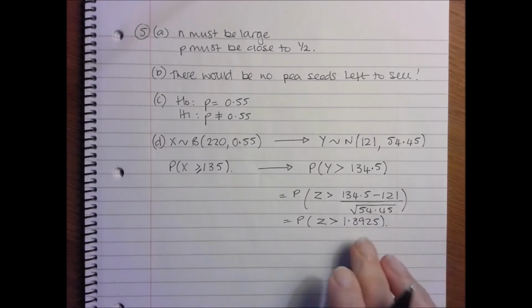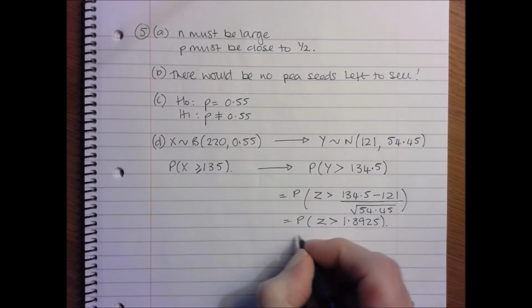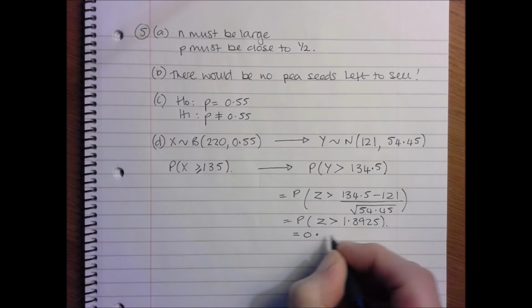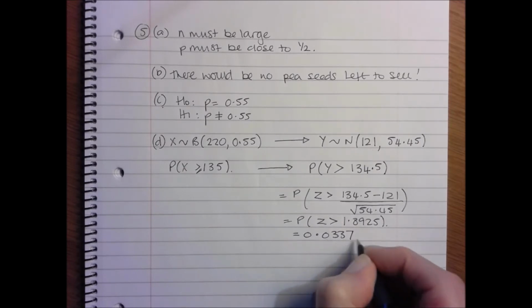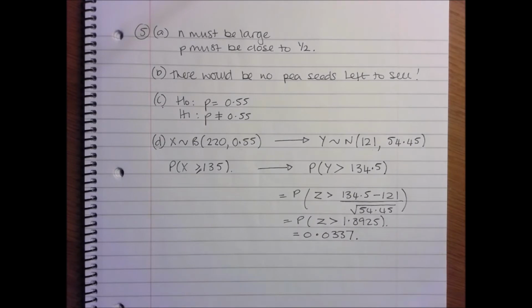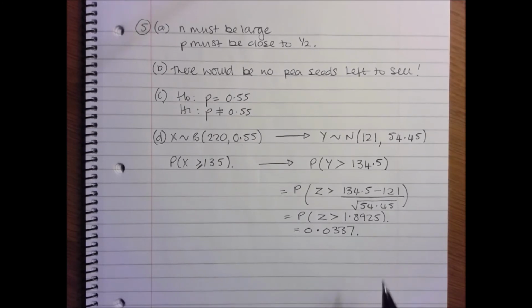And then I can put this in my calculator, look up the probability Z is bigger than 1.8925, and I get an answer of 0.0337.